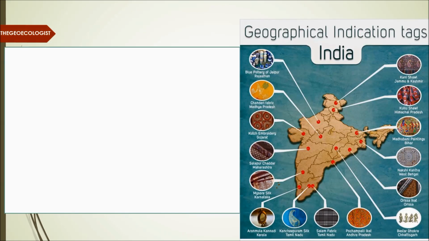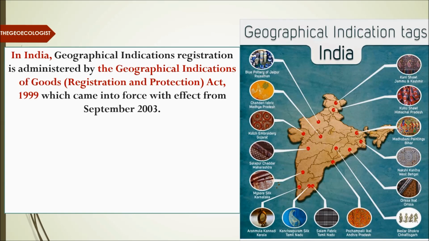Geographical indication in India was registered and administered under the Geographical Indications of Goods (Registration and Protection) Act, 1999. It came to the world forum in 1989, and just after 10 years it came to India as an act. So India took 10 years to enact this kind of act in our country, and it finally came into effect in 2003-2004.